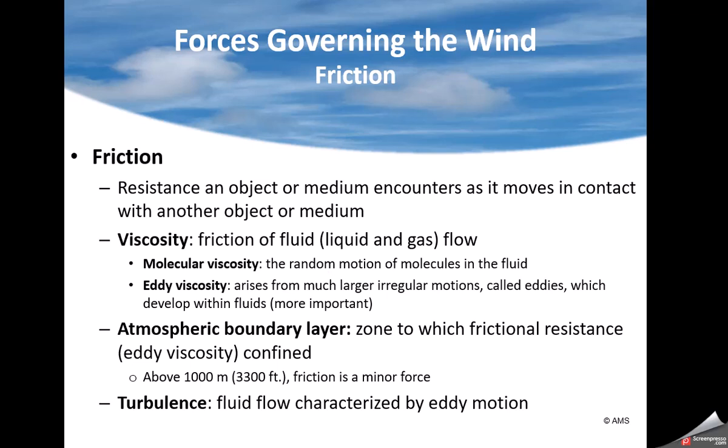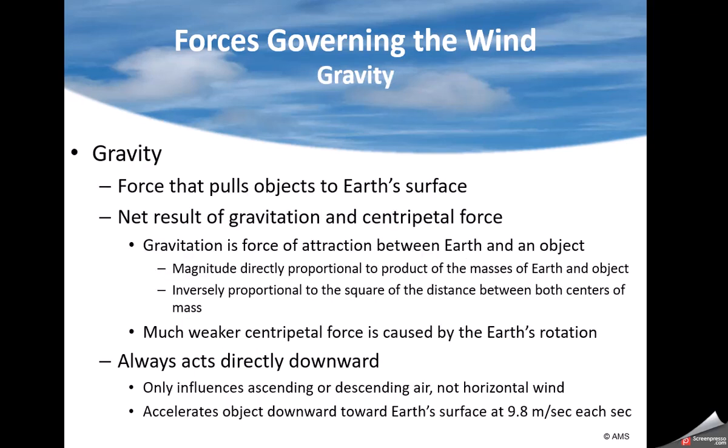You see it just go everywhere. That's turbulence. That's why it's so hard to mathematically formulate, but it does occur in any fluid, and the atmosphere is a fluid. So turbulence occurs in every level of the atmosphere. So there is an aspect of friction, but friction is much stronger down towards the Earth's surface.